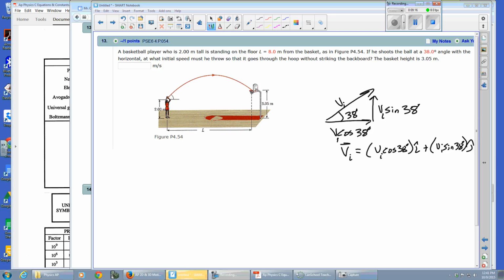My initial position, the vector s, we'll say that it is at 0i plus 2j. That's my initial position.